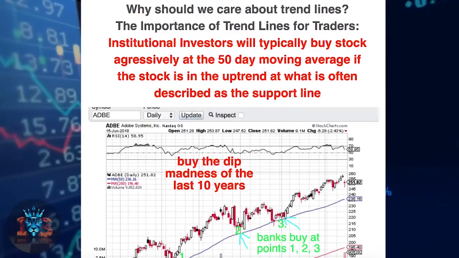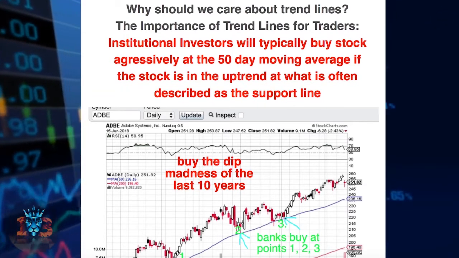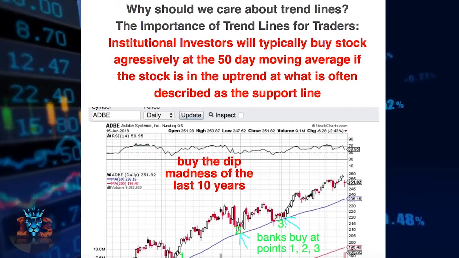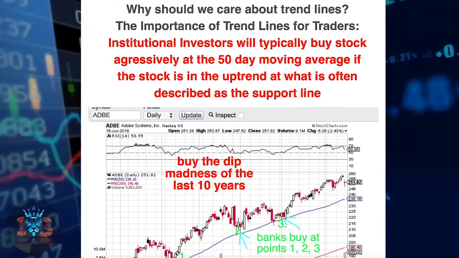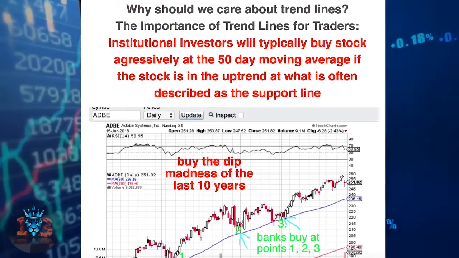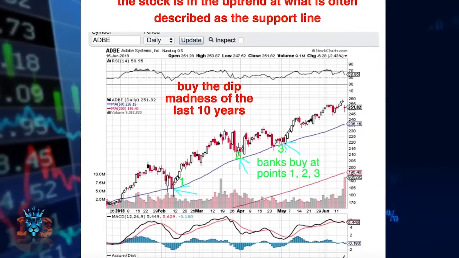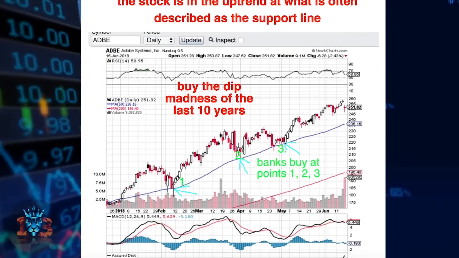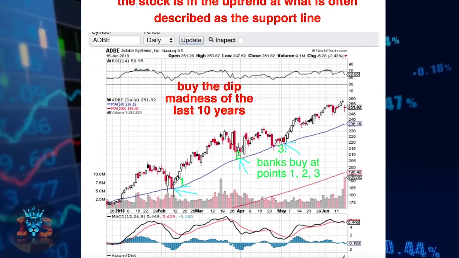So why should we care about trend lines? The importance of trend lines for traders is the following. Institutional investors will typically buy the stock aggressively at its 50-day moving average if the stock is in an uptrend, at what is often described as a support line. You have probably heard that for the last decade, literally, the most popular term used in trading has been buying the dip.